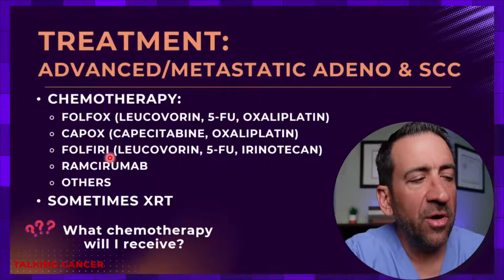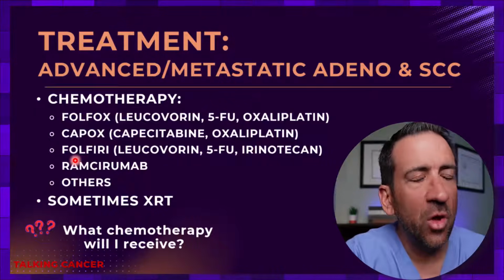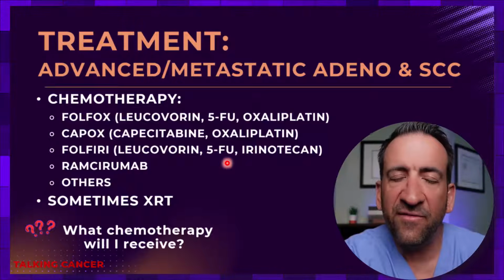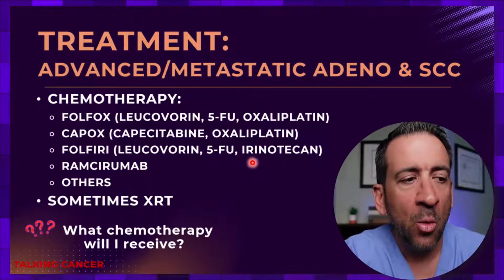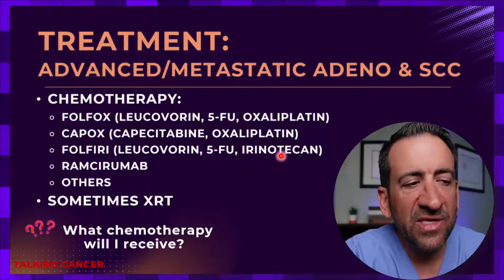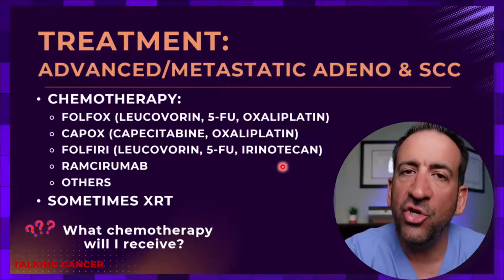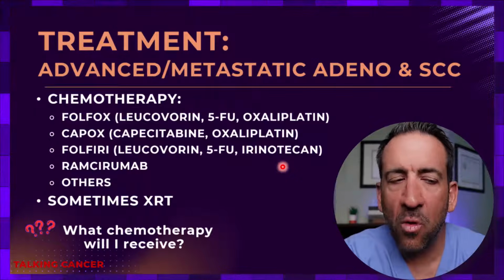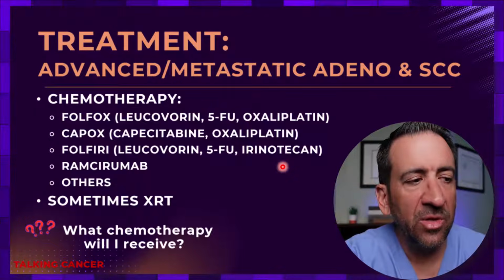The third chemotherapy regimen that we use quite often is called FOLFIRI. The difference here, it's the same leucovorin 5-FU, but instead of oxaliplatin, we use irinotecan, just another drug. The main side effect of irinotecan is GI side effects, diarrhea. It's a biggie for irinotecan and something you have to keep in mind.